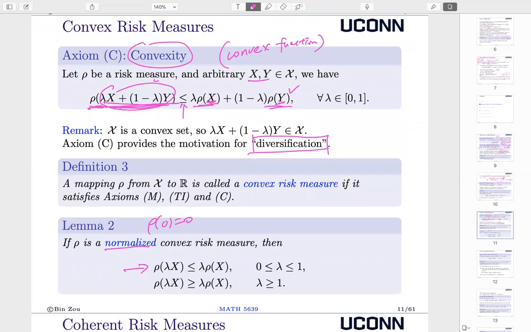Sometimes you may also want to debate why this is the case, right? Here, what I give you is just the mathematical result. Of course, this is a question, right? Does diversification reduce risk? Sometimes it does, sometimes it doesn't. That's why there is some criticism of the convexity axiom.